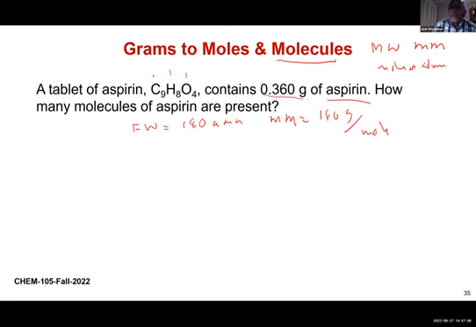In 3.60 grams of aspirin, how many molecules of aspirin are there? It's the same as how many formula units in an ionic compound.